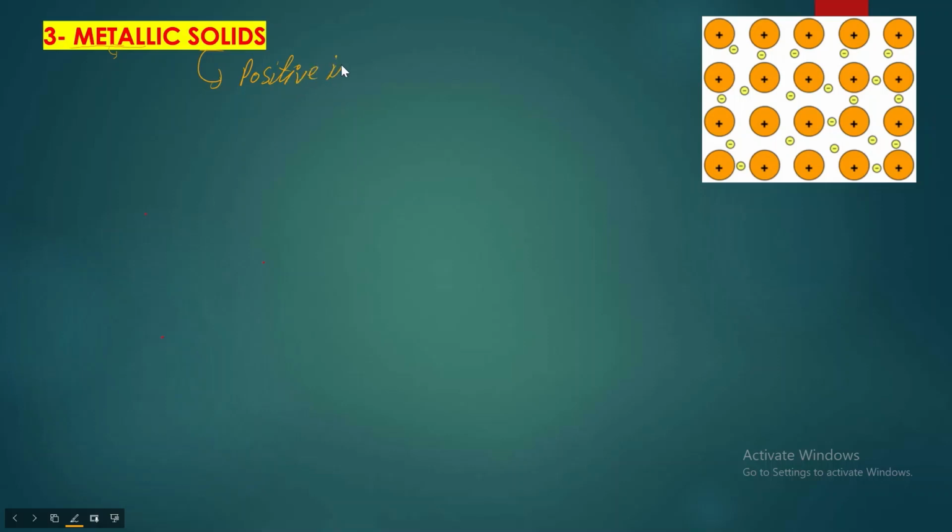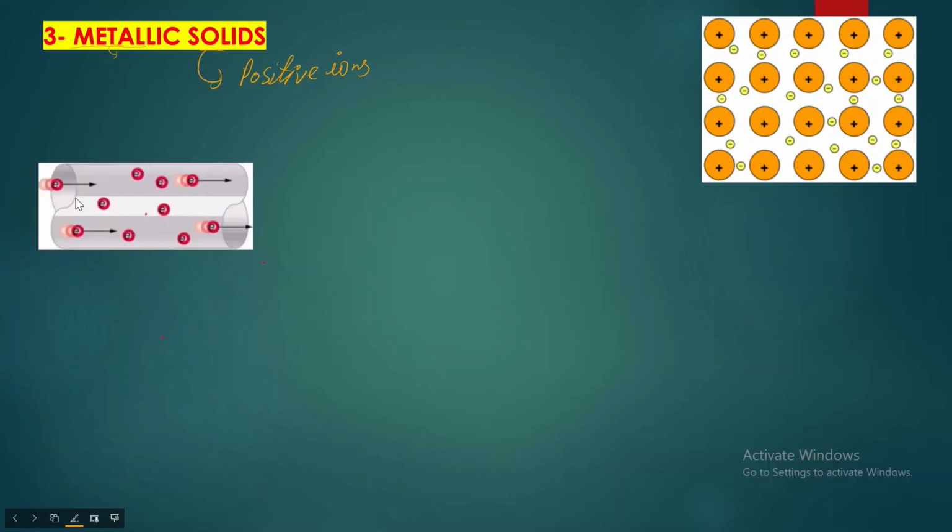Now due to the sea of free electrons, the electrons are movable. You can see in this metal, here the electrons are moving.